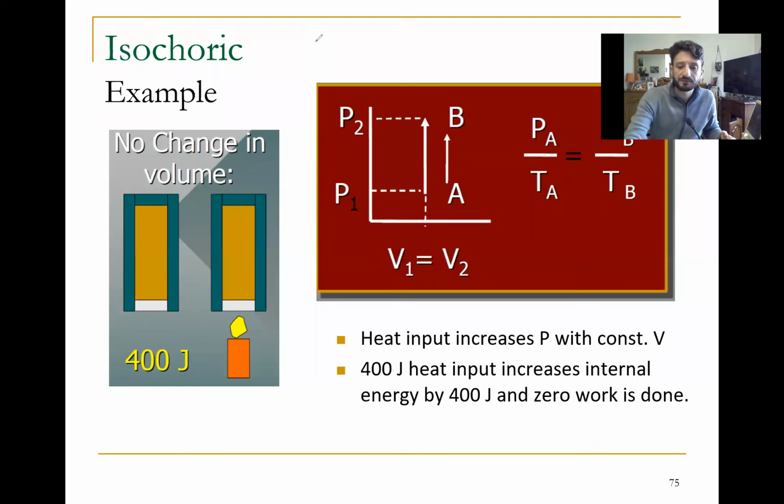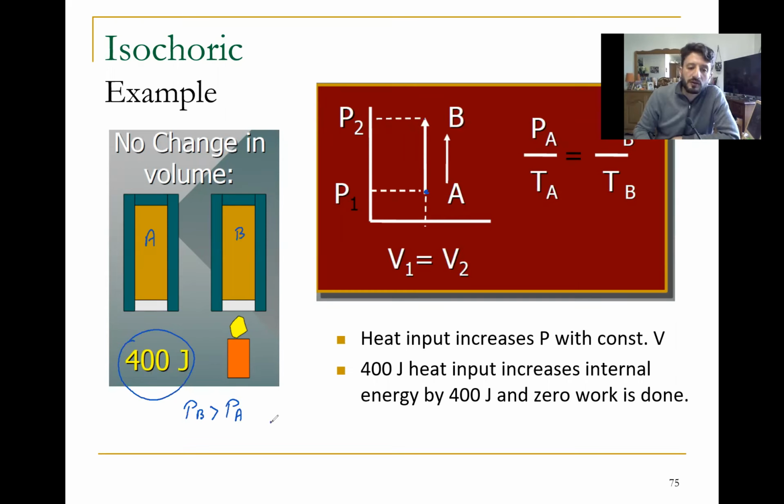Simple example. Here we have the initial state A. We go to the final state B by adding a quantity of joules by heat. I mean, I add Q equals 400 joules. Initially, we have A. We go to the point B. VA equals VB, but PB is greater than PA.